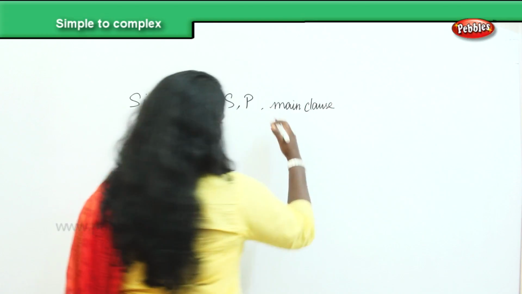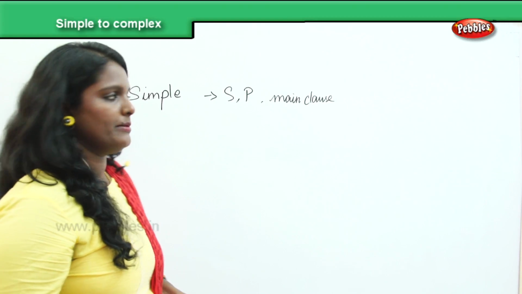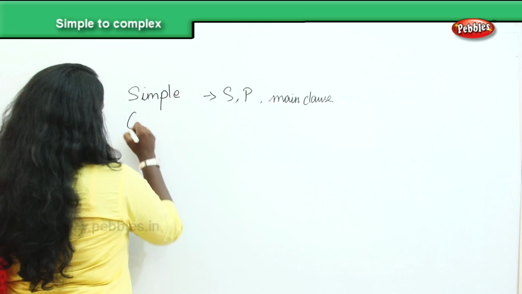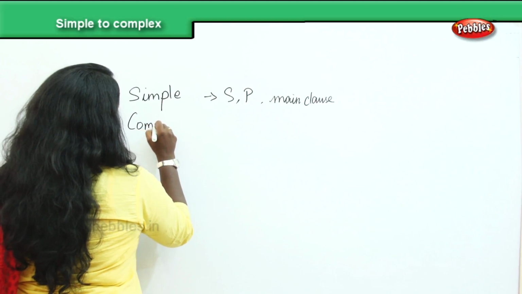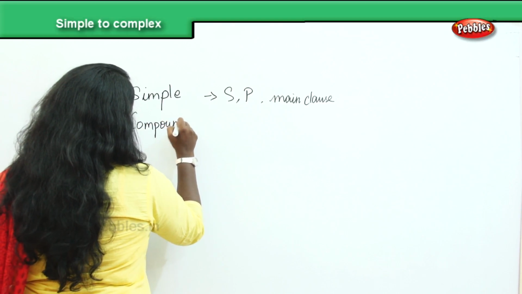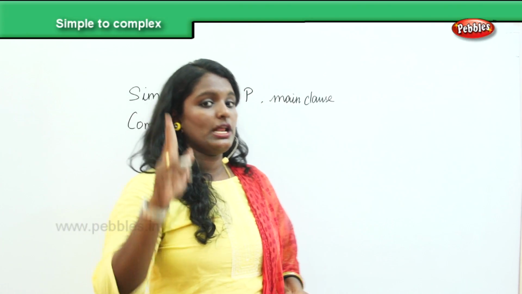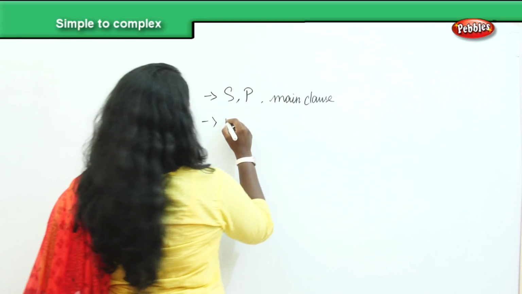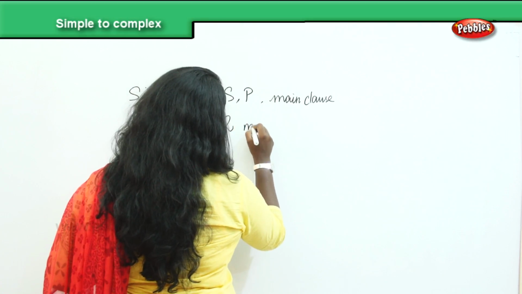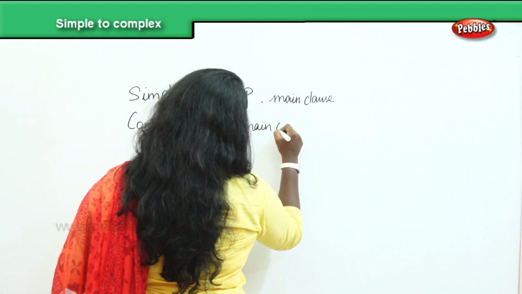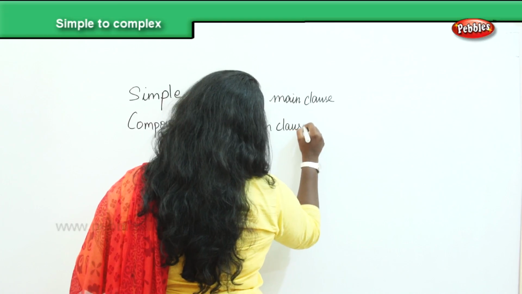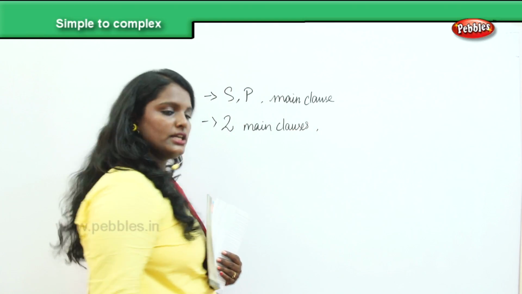The main clause, your subject and predicate are a part of the main clause, and then a compound sentence. In a compound sentence, you will have two independent clauses. So two main clauses with a conjunction.